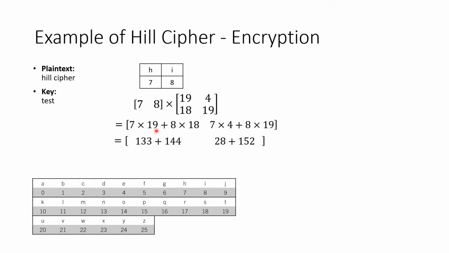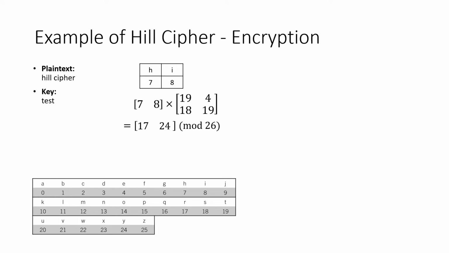In the next step, we simply carry out each one of these multiplications, and we get the following values. We sum them up, we get these values, and now the last step, we are interested in these values in mod 26. So we are interested in the values of 277 and 180 in mod 26. Again, this may not be obvious. It's completely fine to use a calculator to get these values, and if you do that, you see we have the values 17 and 24.